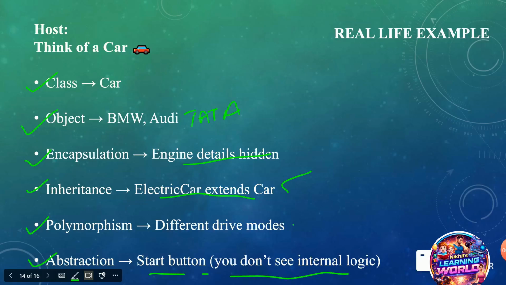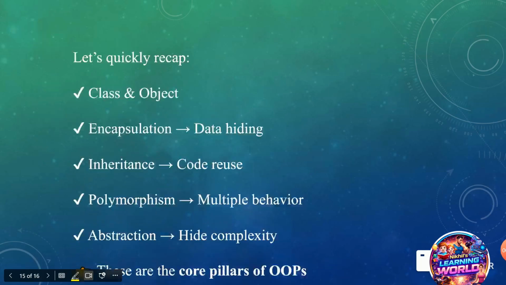You don't see the internal logic, you just press the start button, but behind that, how the electricity flows and the mechanism that gets things started, we don't need to know. That internal logic is hidden. That is abstraction.